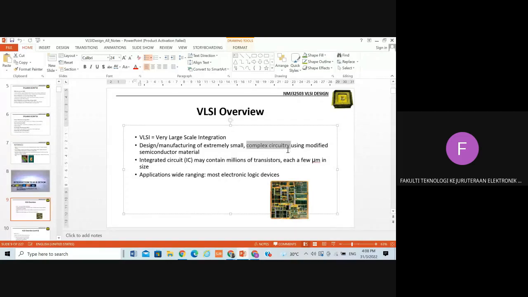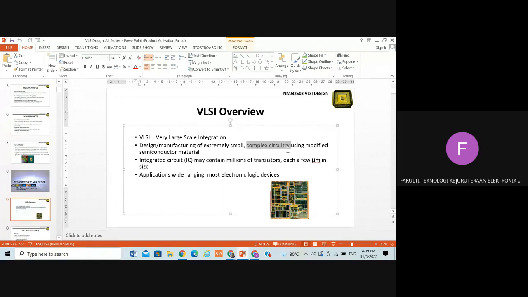The circuits actually implement functions. If you remember, you learned introduction to IC design. You learned digital IC design number 1 and number 2.